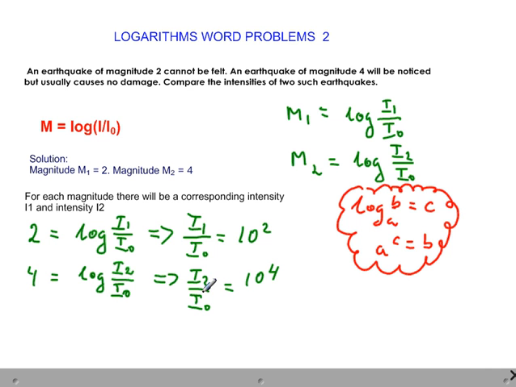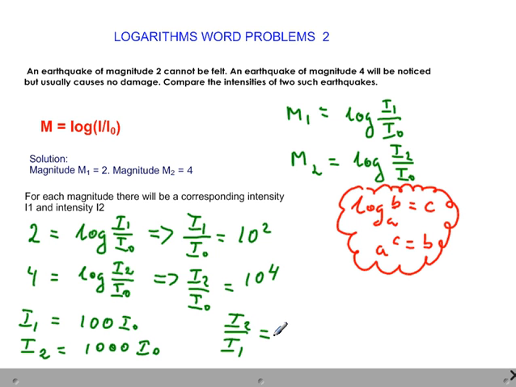So to find I1, we have to simplify that equation. So I1 now is 10 squared, which is 100 I0, and I2 is equal to 10,000 I0. So how do I2 and I1 compare? The second number is larger, so we would divide I2 over I1.